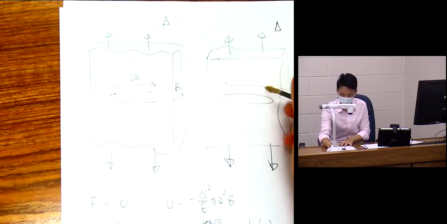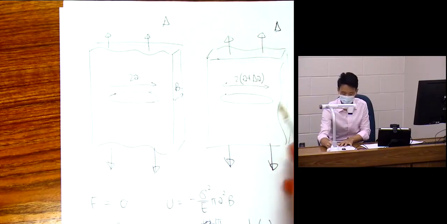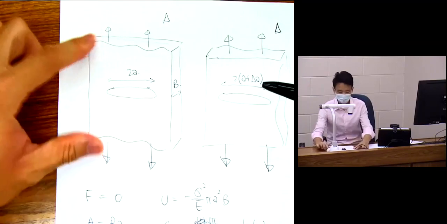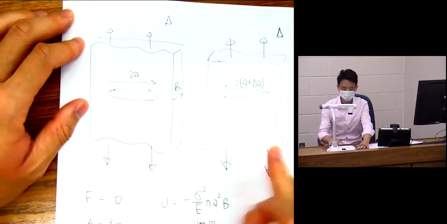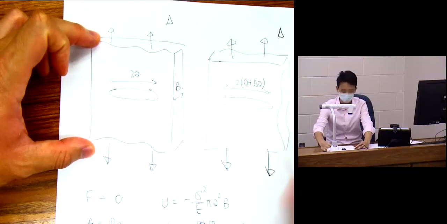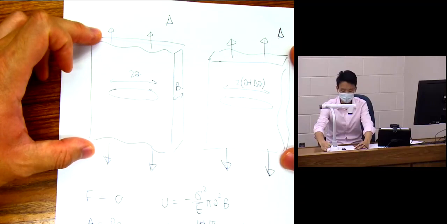So this is, for example, 2a plus delta a. And then he kept doing that. That's why the work done is 0 from here to here, because the displacement is the same. So there's no work done. We explained that two lectures ago.